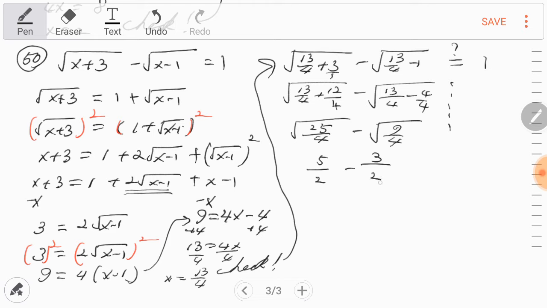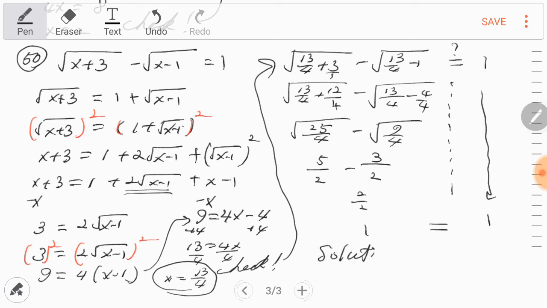So this is equal to 2 over 2, which is 1, and this is equal to 1, right? So yes, 13 over 4 satisfies the equation. So the solution of this equation is x equals 13 over 4.